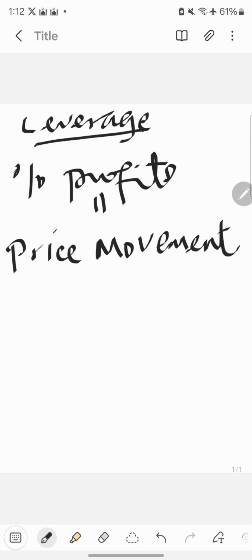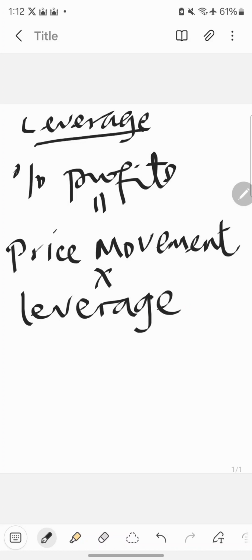If you open your Binance or your Bybit, you see a certain percentage. Maybe this coin has moved 10%, 3%, 5%. That is your price movement, multiplied by the leverage. So if you use, let's say, 10x, 20x, 30x, that is how you do it.